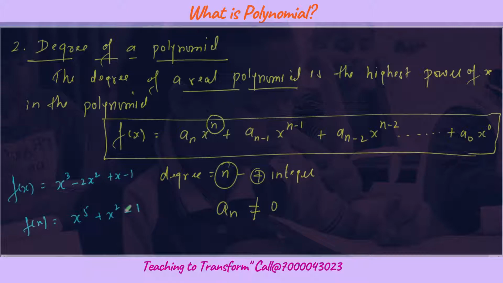So in the first example, the polynomial has degree 3, and in the second case the polynomial has degree 5.